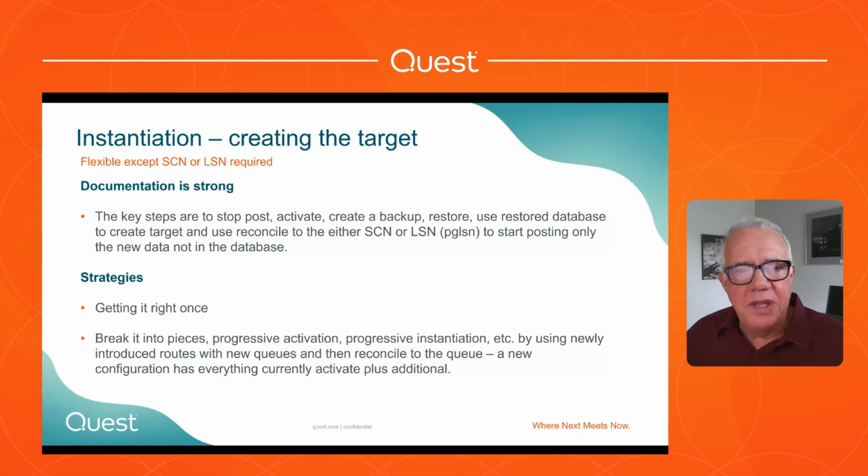But know that you can break it into pieces. You can do what we call progressive activation, progressive instantiation. So you activate, great, I get all these objects. Well, I plan on bringing just those objects in the database, and I learn from it. And now I'm done with those objects because they are replicated. Then I can build on it in this progressive fashion.